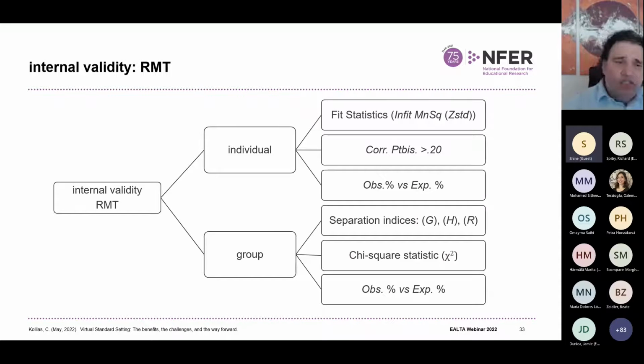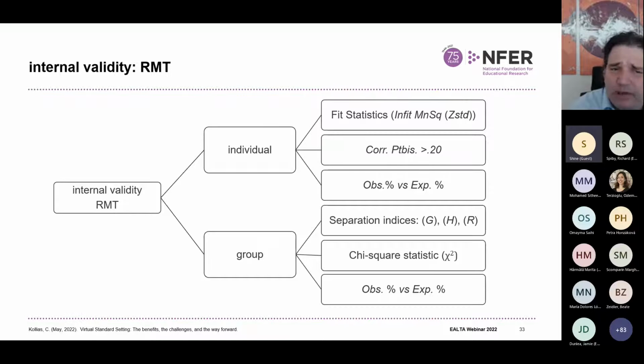Fortunately, several standard setting studies have used Rasch to evaluate judge ratings. And also from other studies, there is a way to see the internal validity, either through IRT or Rasch measurement theory.